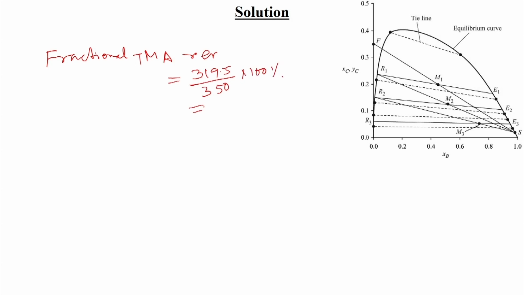So, that is coming out as 91.3%. So, this is the fractional trimethylamine removal. Okay, so 91.3% trimethylamine is removed. So, that was the question for this problem.